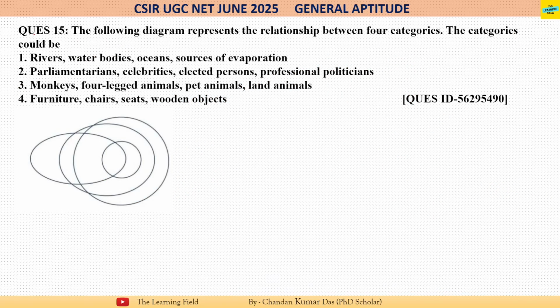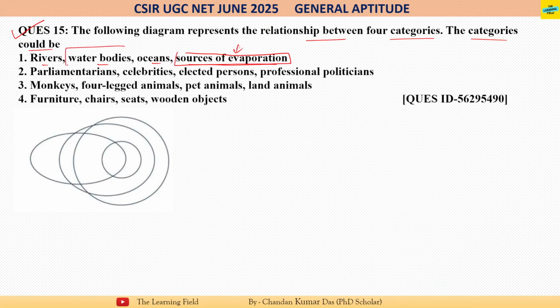Now, question number 15 says that the following diagram represents the relationship between the four categories. The categories could be river, water bodies, ocean, source of evaporation. Source of evaporation means actually from water to the vapor state.